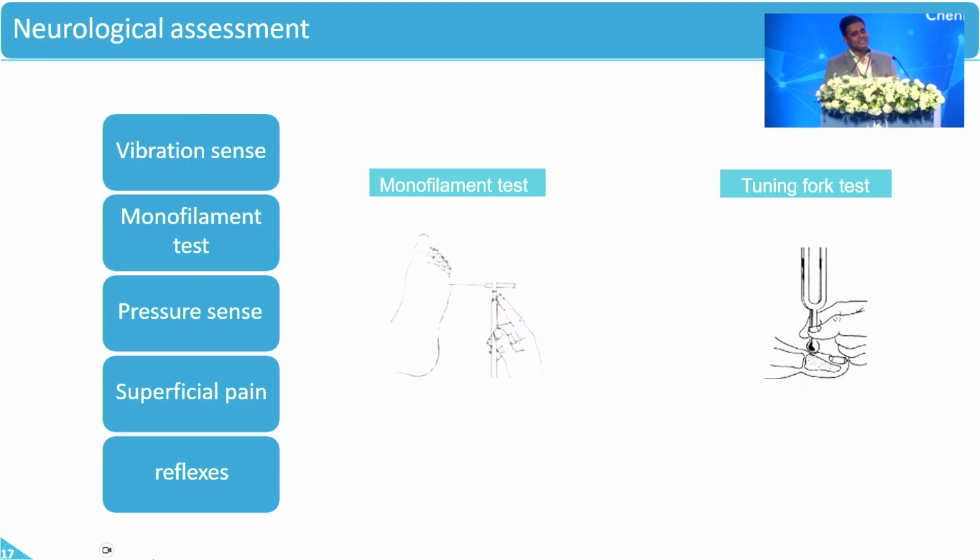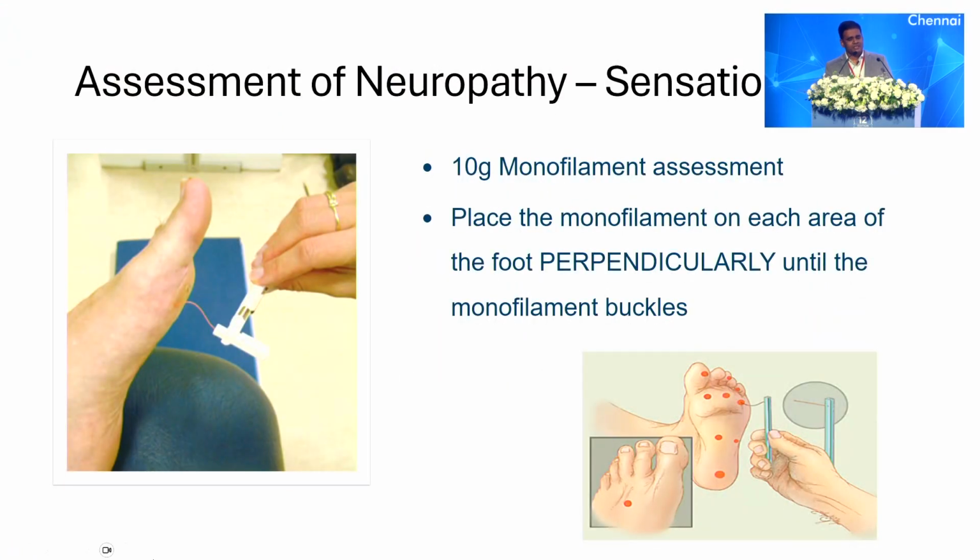How to assess neurological status? These are the five things you have to assess: vibration sensation, monofilament test, pressure, superficial pain, and reflexes. The 10 gram monofilament assessment is very easy and very cost effective. It's not going to cost much.